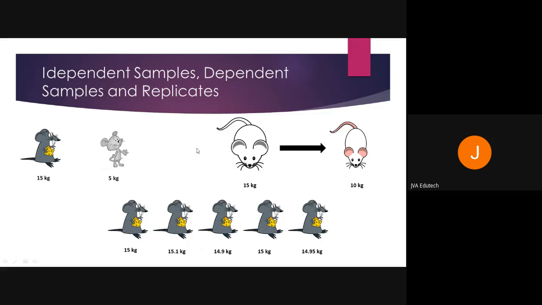If I have to measure that, then I will go for dependent samples. And then the third situation is of replicates. Suppose I am feeding the same rat and taking its weight on the same day at many different points of time. So again I am changing the time, but will it yield any fruitful result to me?